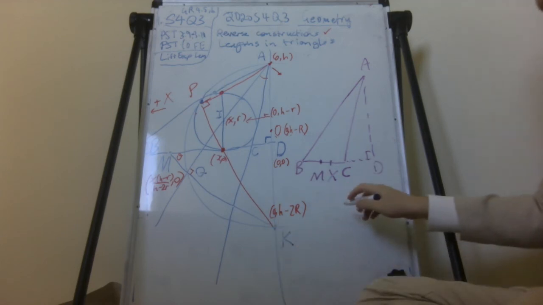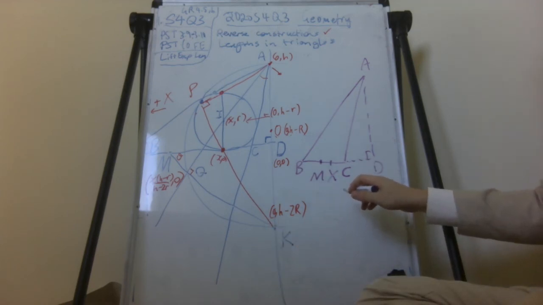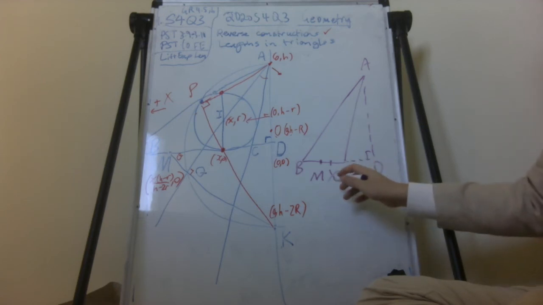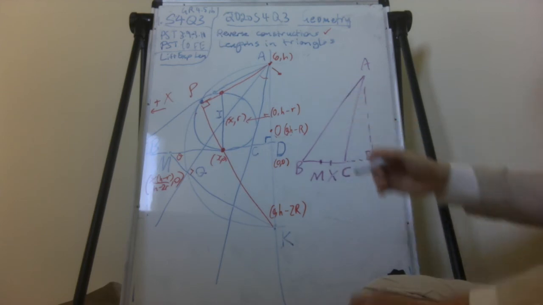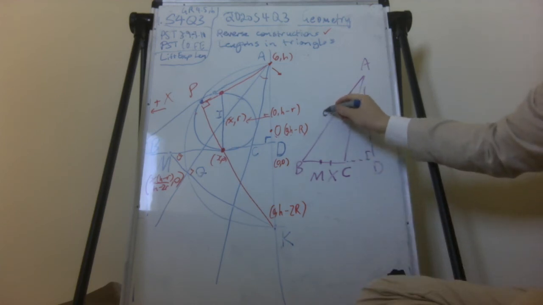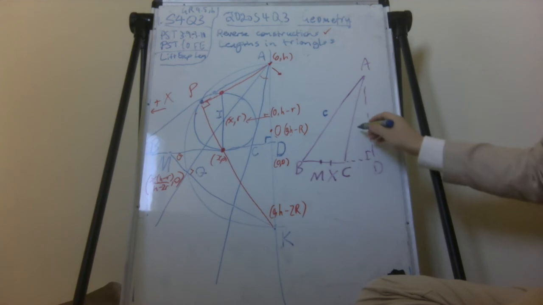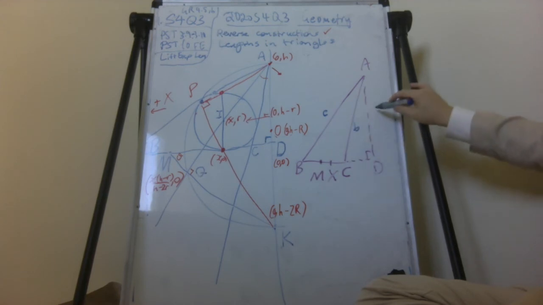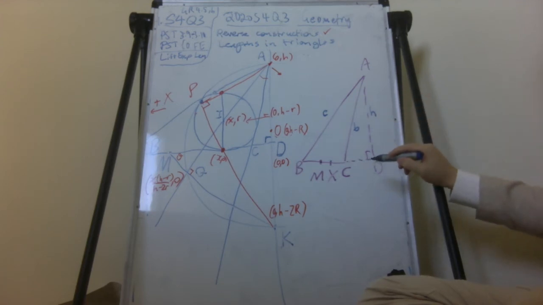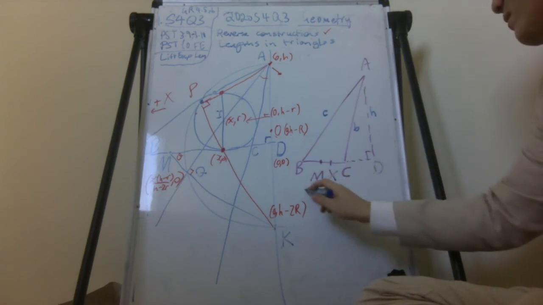So the claim that I'm trying to make is, general notation for this kind of stuff: this is called C, the side opposite to big C. This is called B. This is probably called H_A, or in our case it's H. Now, it's actually known that this length here.